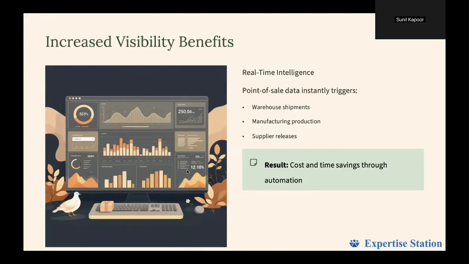So we always say that we have to do the forecast, and forecasts are never correct. But at the same time, we have to do some forecasting, and we should have some assumptions to plan our supply chain correctly.